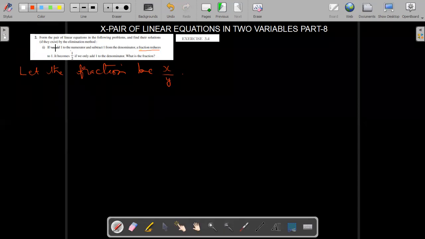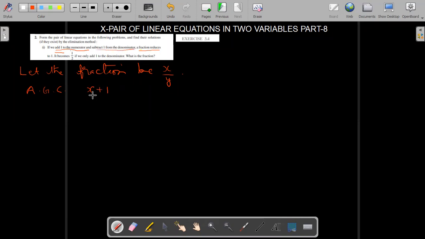According to the first condition, if we add 1 to the numerator, x is the numerator, here you add 1, and subtract 1 from the denominator, then it becomes equal to 1. This is equation number 1, first condition.